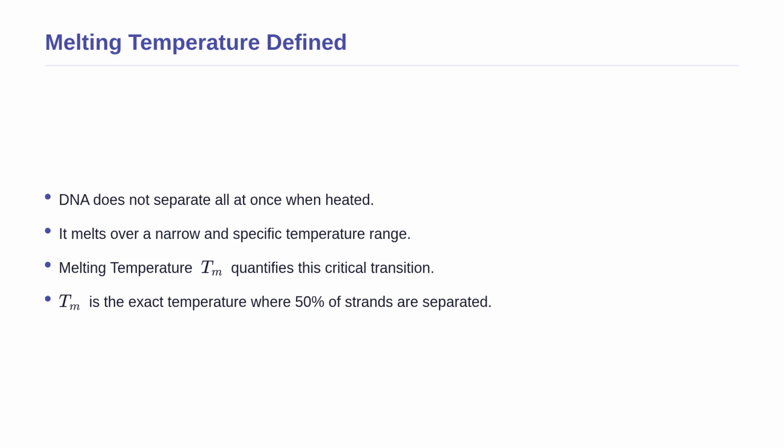The melting temperature is defined as the exact temperature where 50% of the DNA strands are separated into single strands and 50% remain double-stranded. This value is incredibly important for scientists programming their thermal cycler machines, as it dictates the exact thermal conditions required for an experiment to succeed.